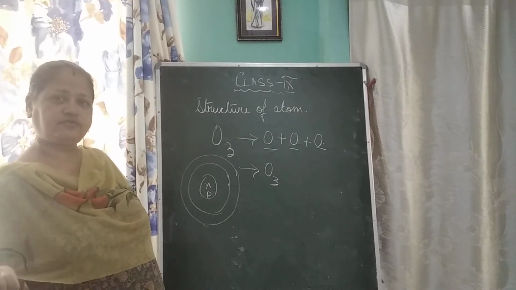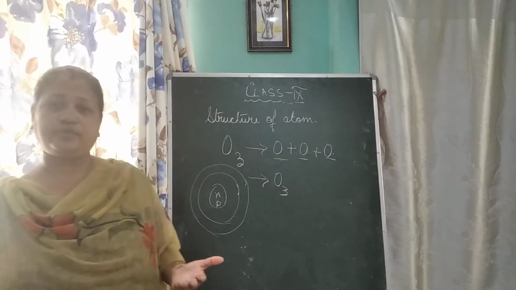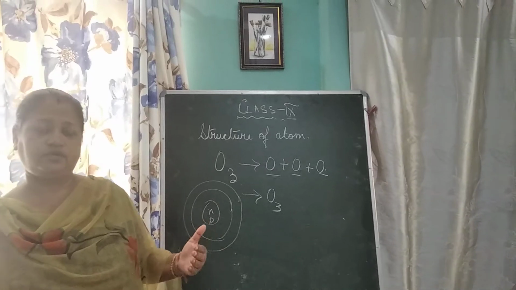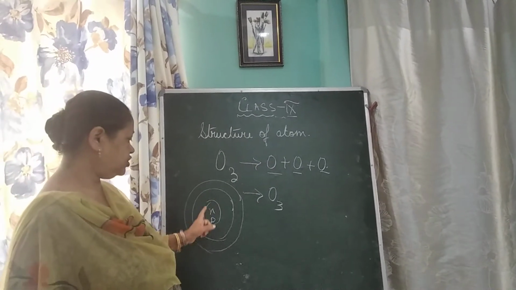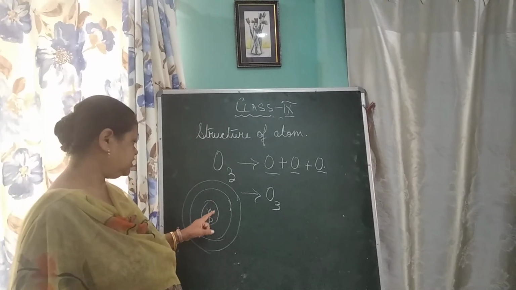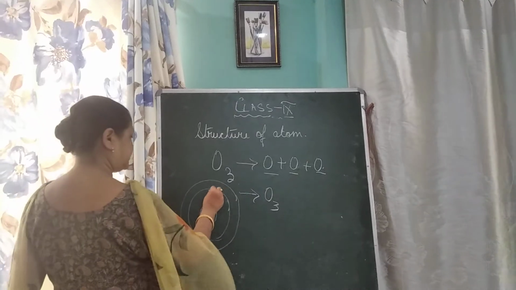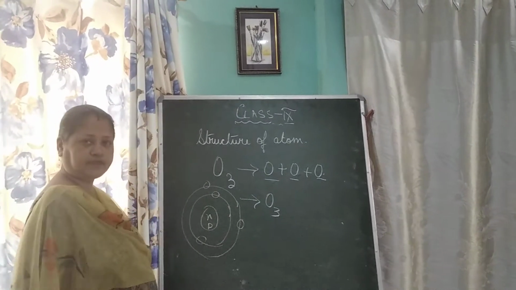The atomic weight is distributed in different shells around the nucleus, where inside the nucleus the neutrons and the protons remain, and it is the electrons which actually move around in the orbits.